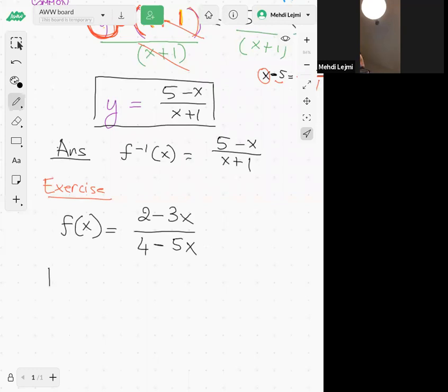And you need to find the inverse of f of x. So let's say you have 5 minutes, guys, to think about this exercise.